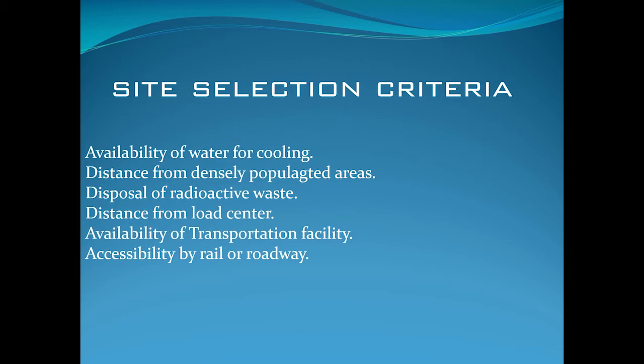So the main two factors which we have to keep in mind while selecting a site for a nuclear power plant are availability of water for cooling and the fact that the nuclear power plant site should be remotely located. So these are the two main factors for selecting the site for a nuclear power plant.